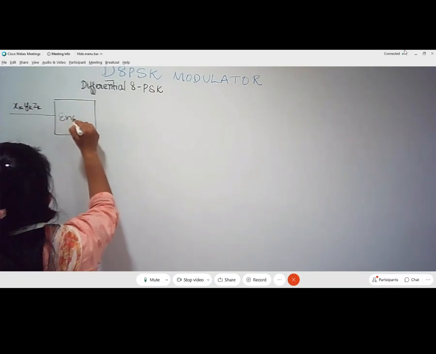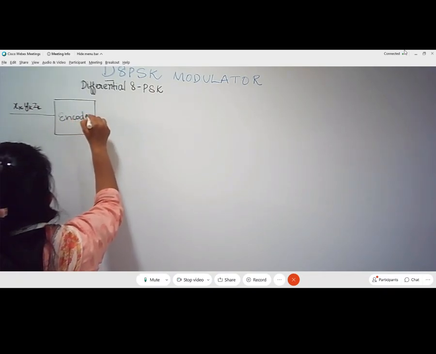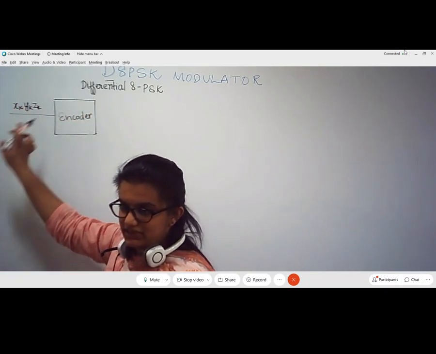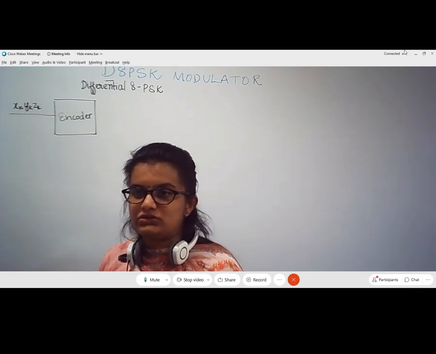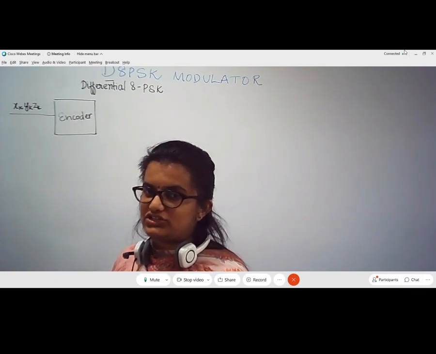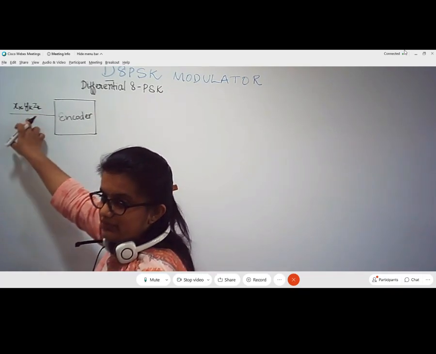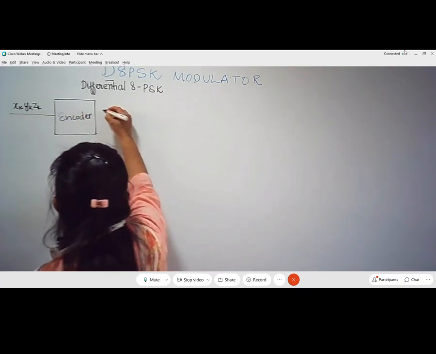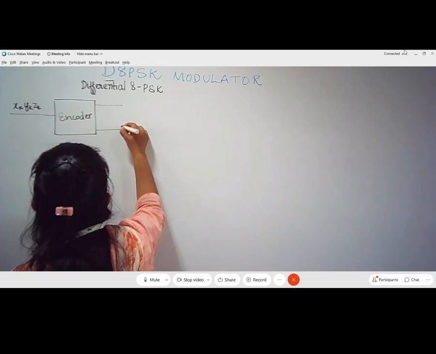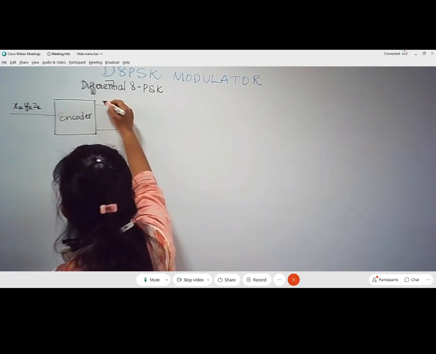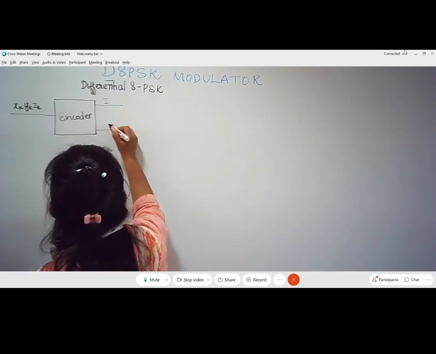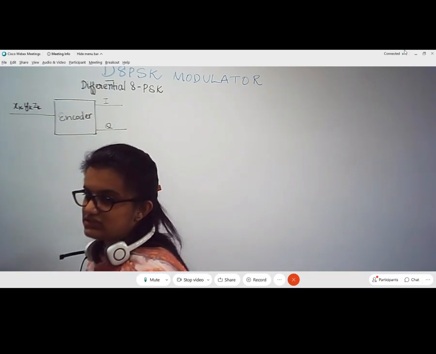What this encoder does is, depending on the 3 bits coming in, whether it is the all 0 combination up to the all 1 combination, whichever combination comes in, it is going to assign the IQ amplitudes.